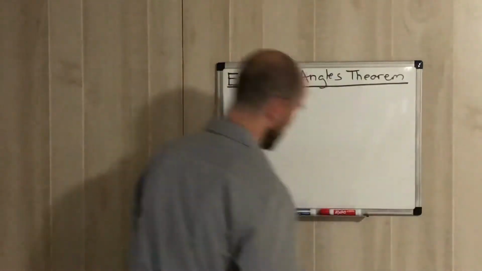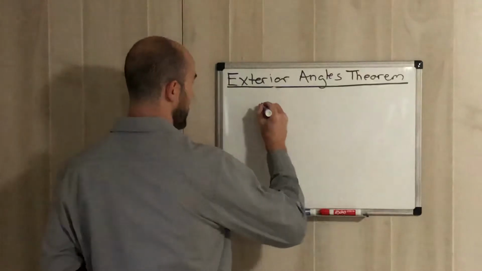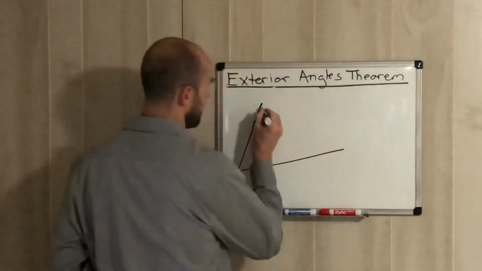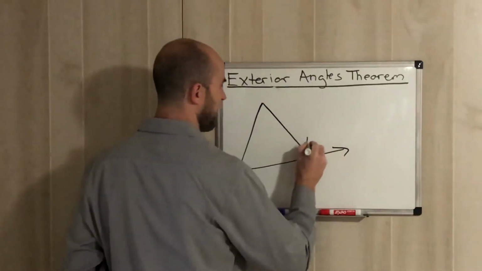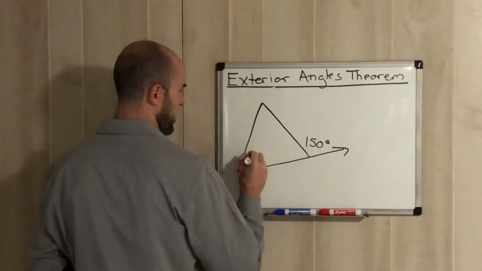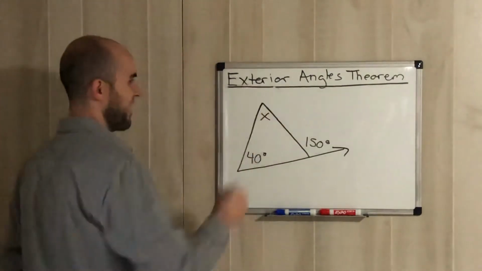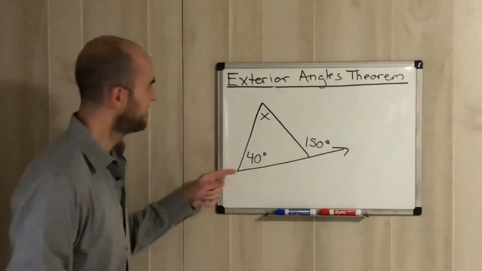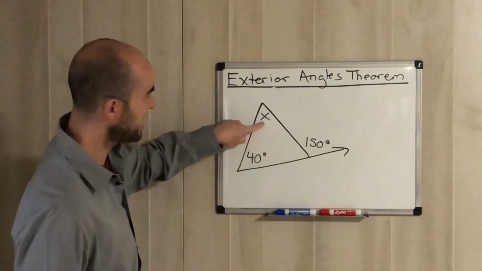And again, that's what's different, because now if you wanted to find, let's say, the measure of one of the interiors, right? Let's say now that this is 150, right? Let's say now that I tell you that this one here is 40 degrees, and I wanted to solve for x, right? Now think, instead of trying to find the exterior angle, we're trying to find the interior, right?